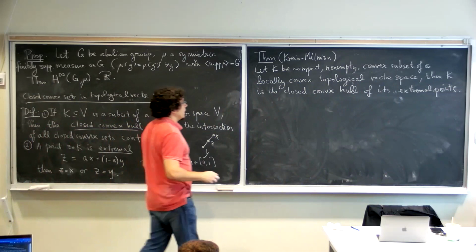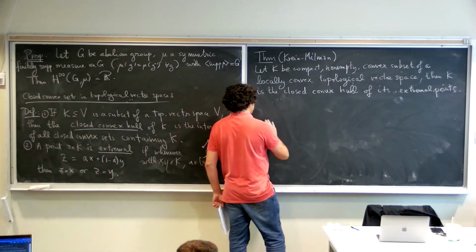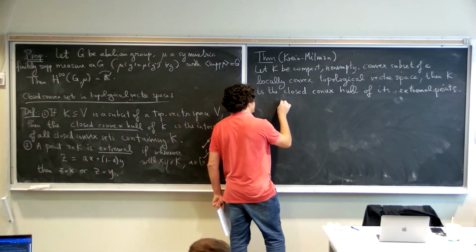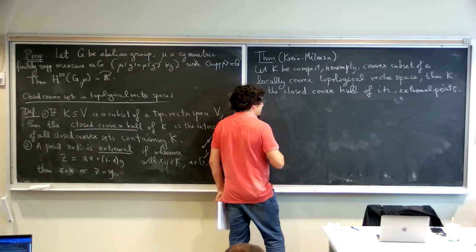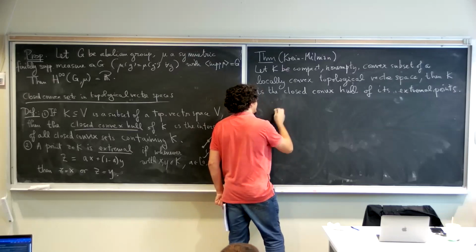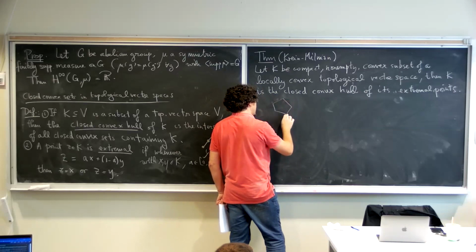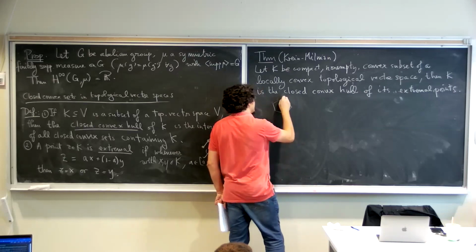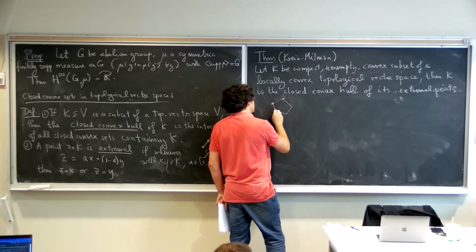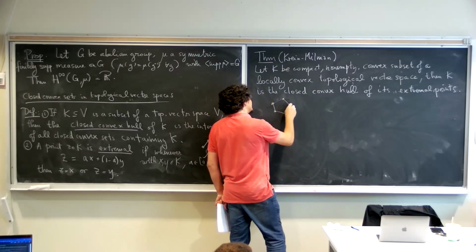Of course, this is somewhat simple to think about in R^n. You have a convex shape and extremal points that are finite if you get a polygon.